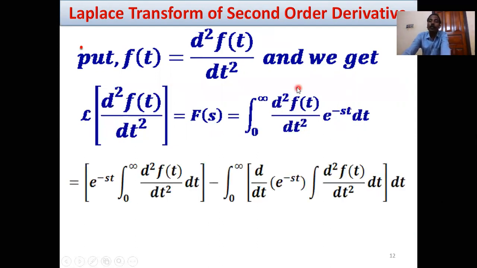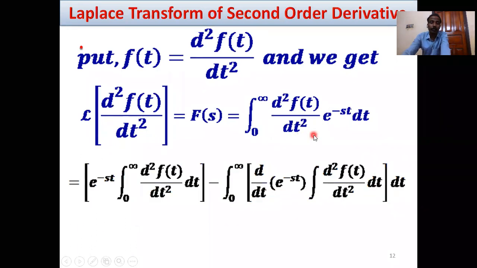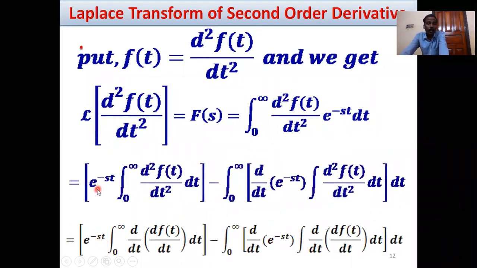Again, UV method of integration. First function e to the power minus st, so this is u, and this is the integration term, second term integration, and again first term derivative, second term integration. Then we get e to the power minus st, and this is the d2f by dt2.